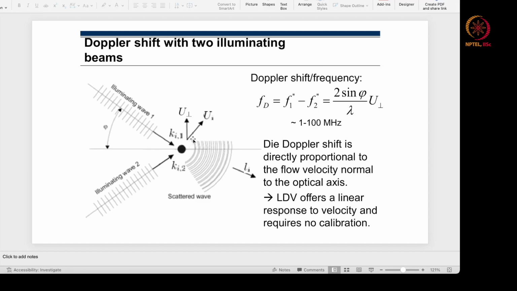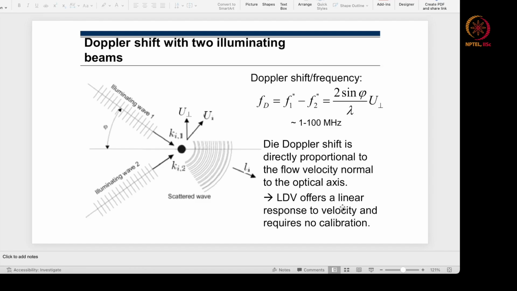Remember, it is not ui that you are measuring, it is the u perpendicular component. So the Doppler shift is proportional to the flow velocity normal to the optical axis. Remember again, the velocity of the particle is the flow velocity, because that is our assumption.